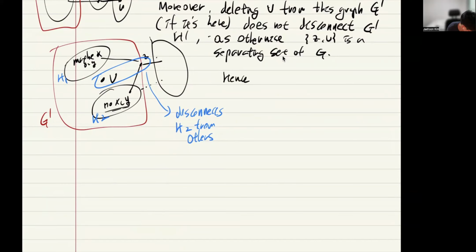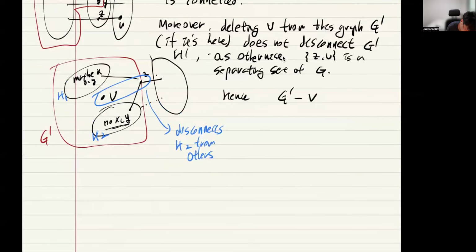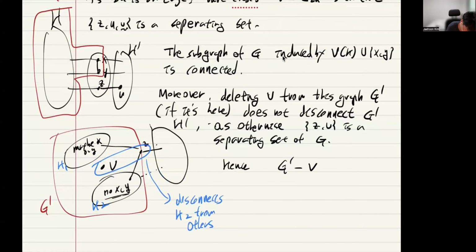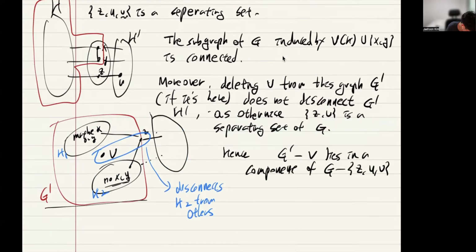Hence, what we know is G prime minus B does not separate into two. This lies in a component of G minus C union B.